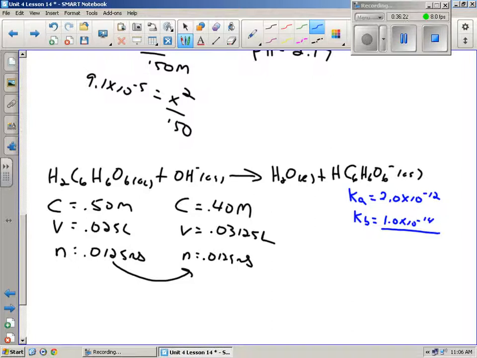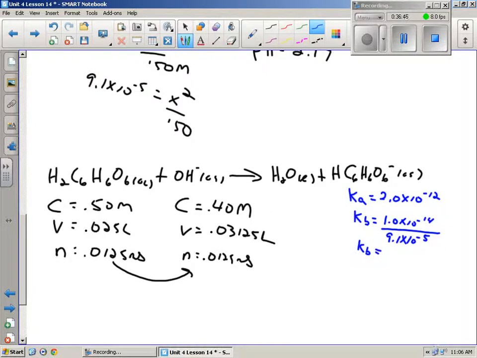And then, let's see here. Okay. Kb value. There we go. So, that divided by 9.1 times 10 to the negative 5, yes? And that'll tell me Kb, right? So, let's see, which one's going to be bigger? I imagine Kb is going to be bigger.